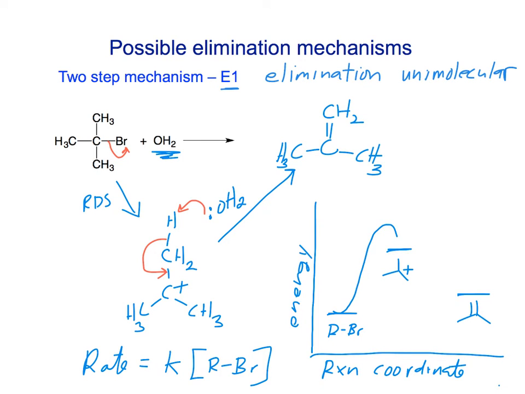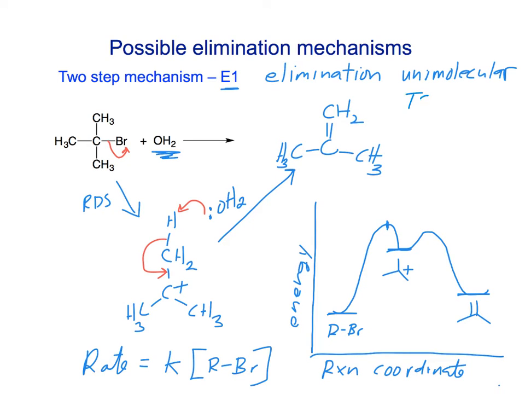We're going to have a transition state between the alkyl halide and the carbocation, and another transition state between the carbocation and the alkene product. Notice that the first transition state is the highest energy transition state. This tells us that the first step is the rate determining step.